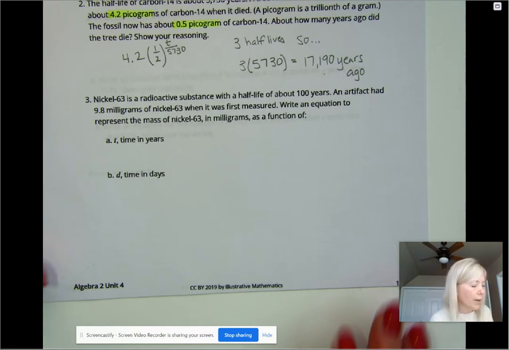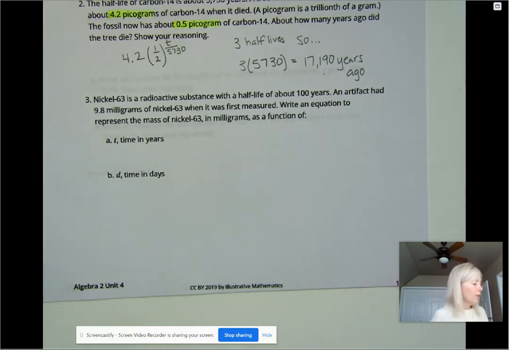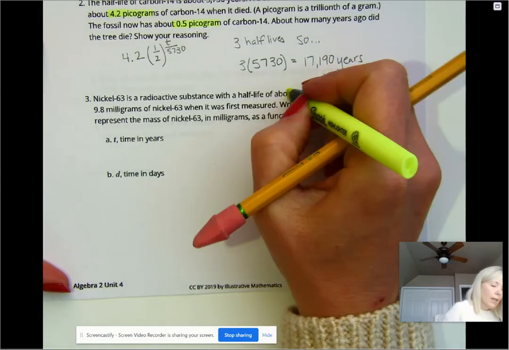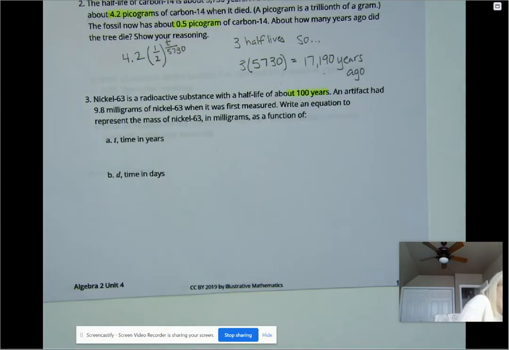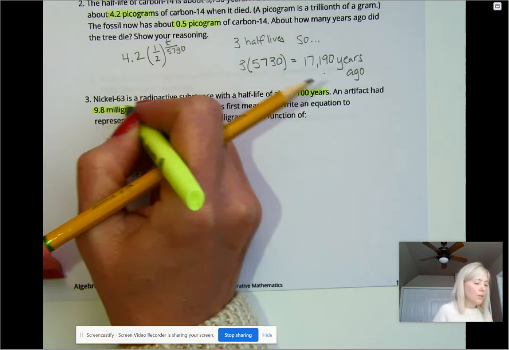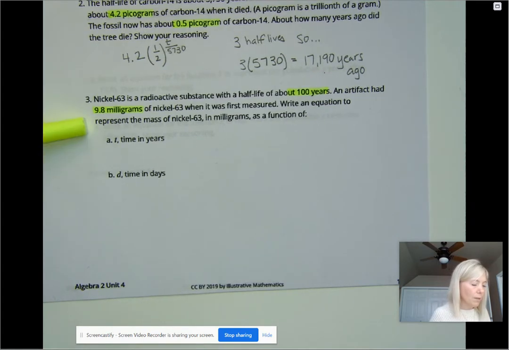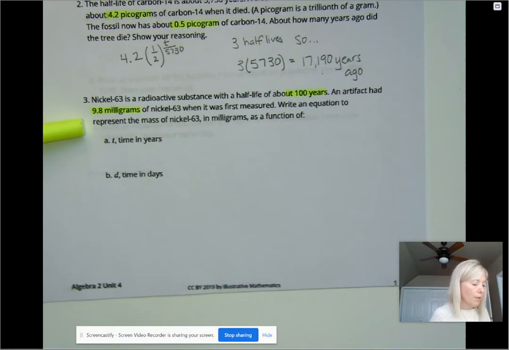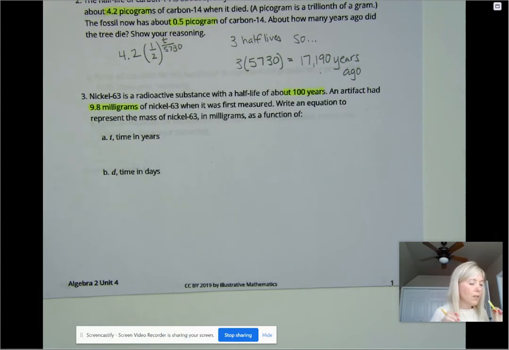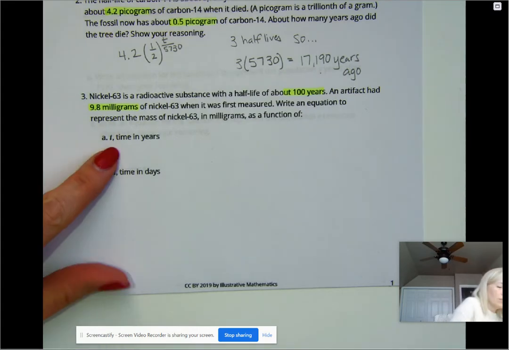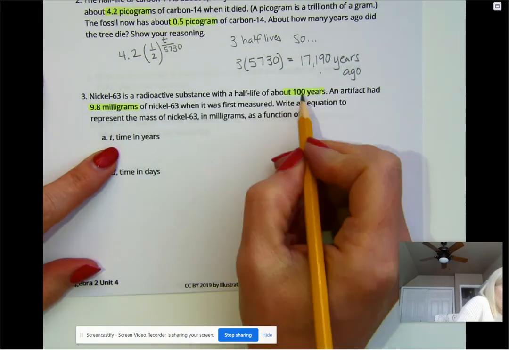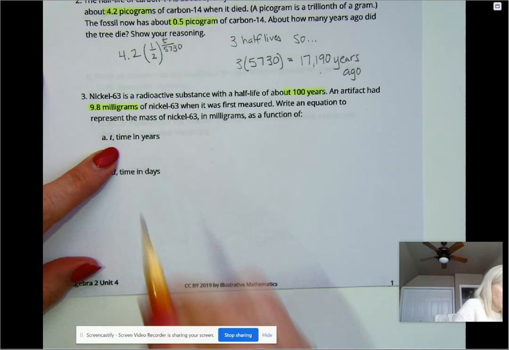Nickel-63 is a radioactive substance with a half-life of about 100 years. An artifact had 9.8 milligrams of nickel-63 when it was first measured. Write an equation to represent the mass of nickel-63 in milligrams as a function of time. So first is going to be time in years, and it takes 100 years for one half-life to happen.